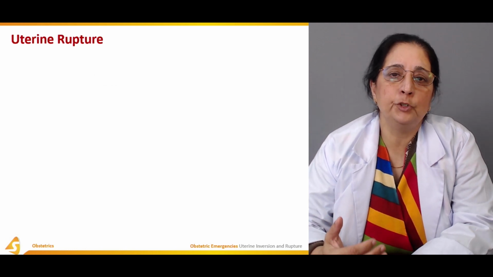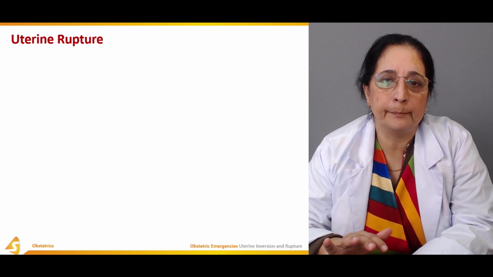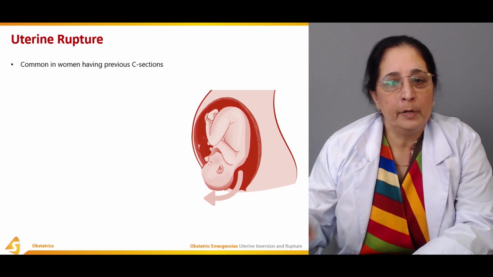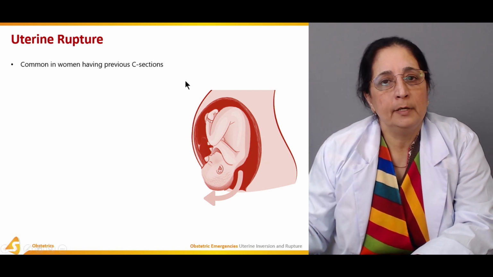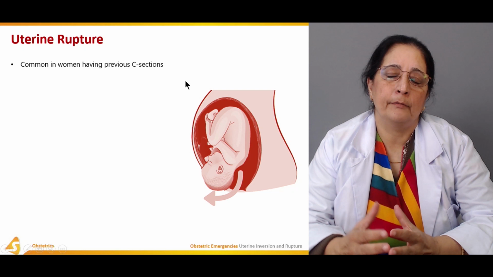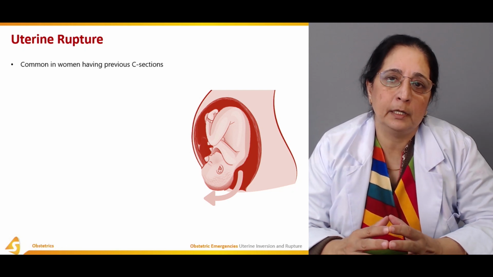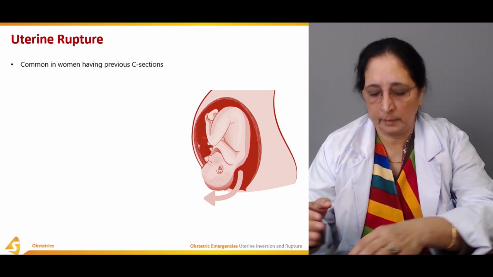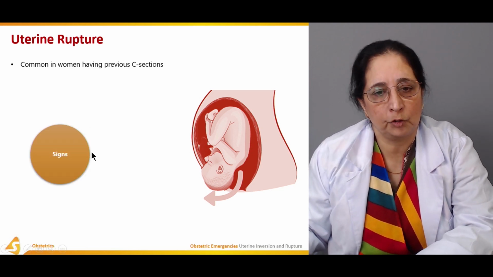The next condition is uterine rupture, when there is complete rupture of the uterus. It is common in women having a previous C-section. If the woman has a previous C-section, it can cause uterine rupture if the repair is not strong enough.